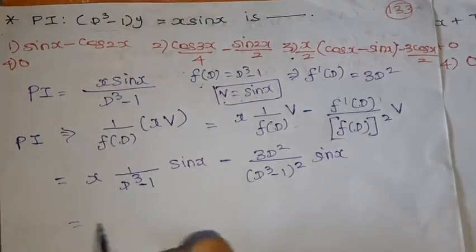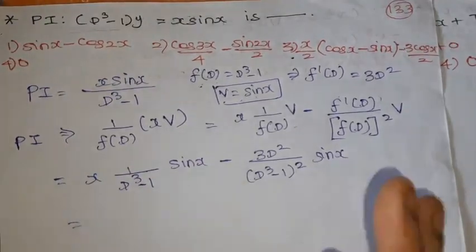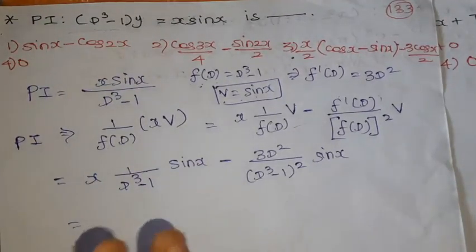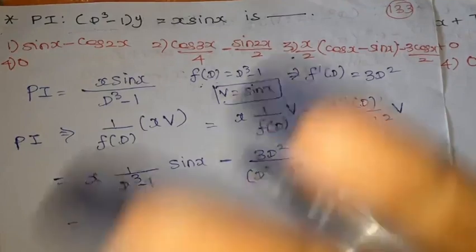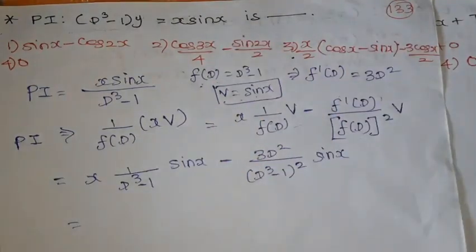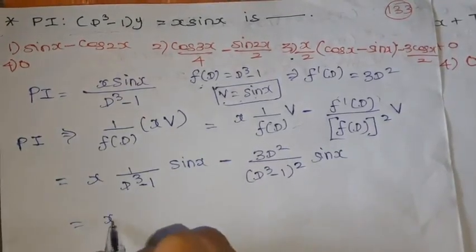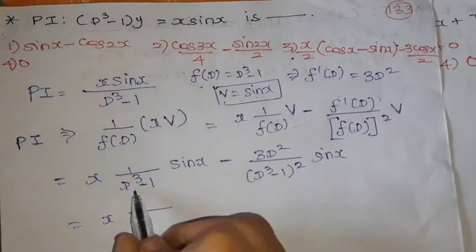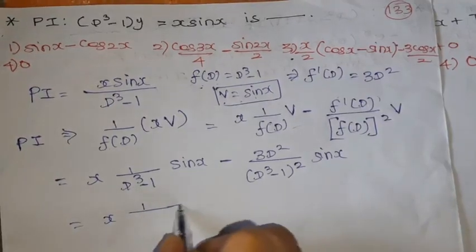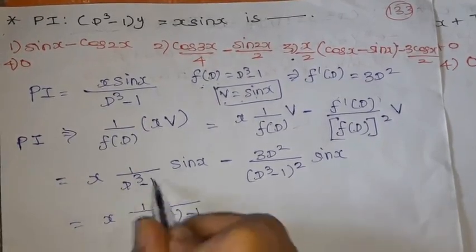What is the next step? x into... whenever a sine function comes, we should replace D squared equal to minus alpha squared. Here D squared is not there, so we can rearrange D cube as D into D squared. Can we write like this? D into (D squared minus 1).